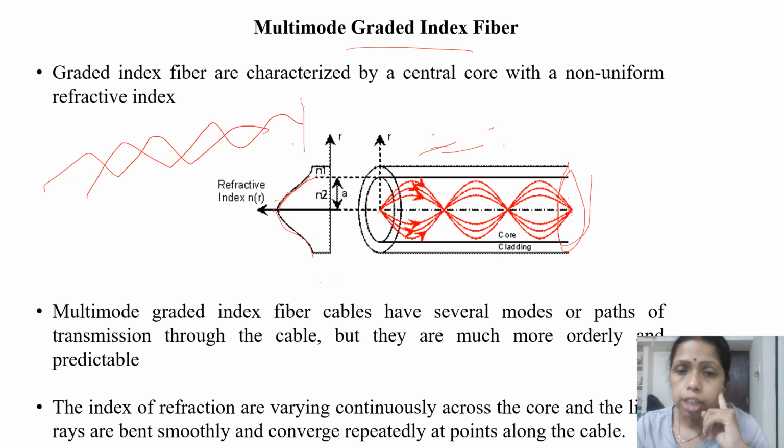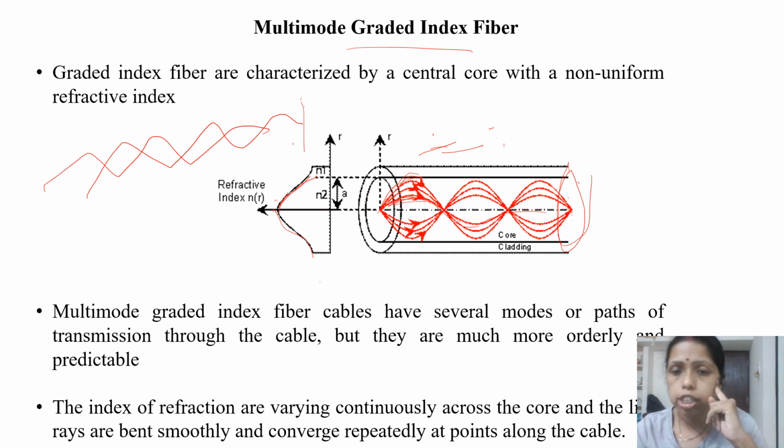You can see some signals are touching the interface of the core and cladding. This is called the longer ray, and this one, which is not touching and is near the axis, is called the shorter ray. Though these rays follow the longer distance and those rays follow the shorter distance, at the end all the rays reach at the same time, because their velocities are different.